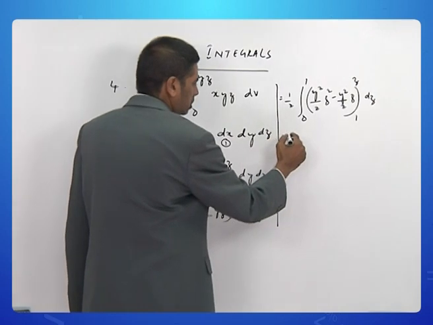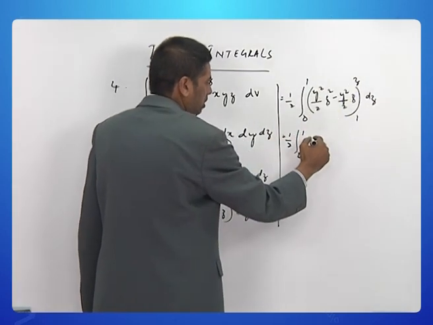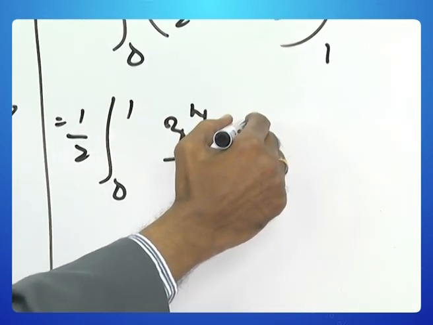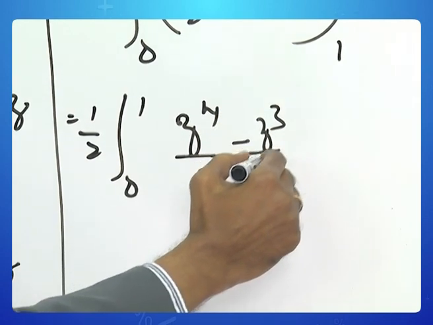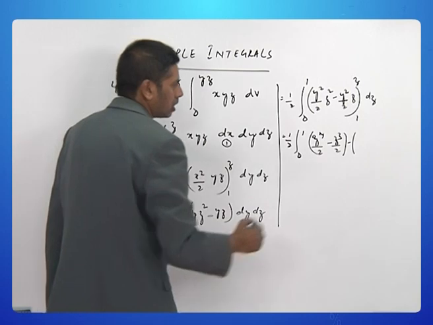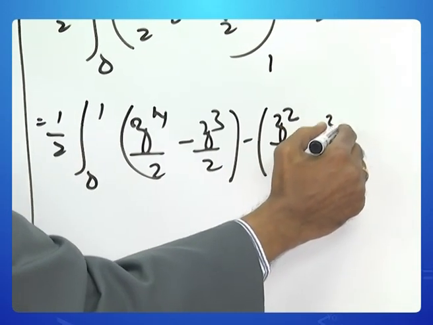So let's substitute. Replace y with z. You will get z power 4 by 2 minus z cube by 2 minus of z square by 2 minus z by 2.